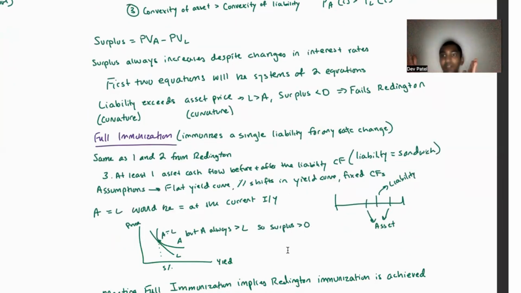They don't have to be directly plus or minus one time period apart; it could be plus or minus two or three. There just needs to be an asset before the liability and an asset after the liability. So if there's no asset after the liability, then that wouldn't be considered fully immunized, and it would fail this full immunization test.